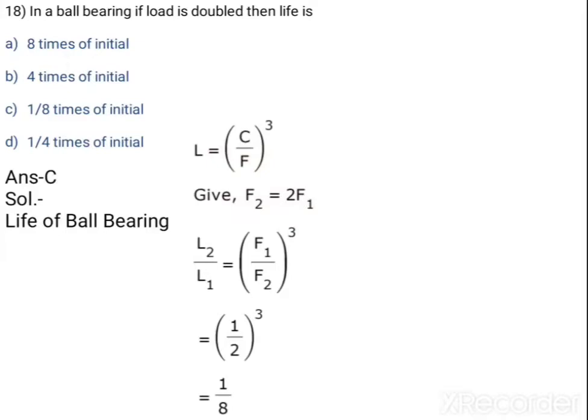Just put the relationship L2 by L1 is F1 by F2 raised to power 3. F1 by F2 is 1 by 2, and raised to power 3, you will get L2 by L1 is 1 by 8. So L2 is 1 by 8 times L1. So we can say option number 3, 1 by 8 times the initial life, is correct.